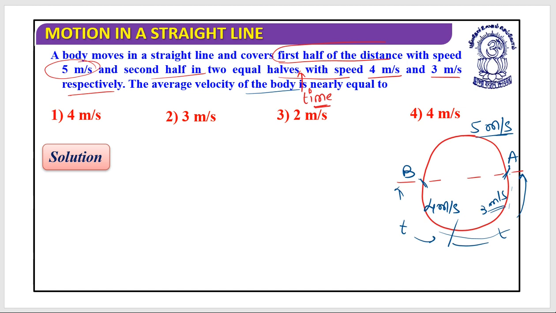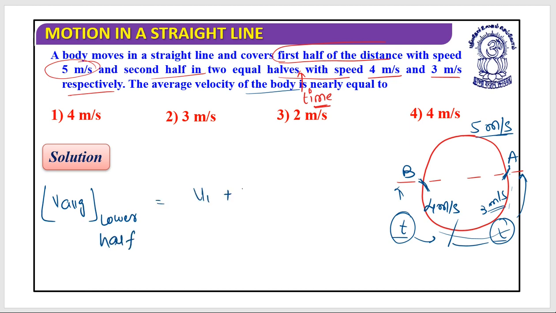Think. So first, here the times are equal, t and t. So if I go with the lower half of the journey, I can write V average of the lower half is v1 plus v2 by 2.